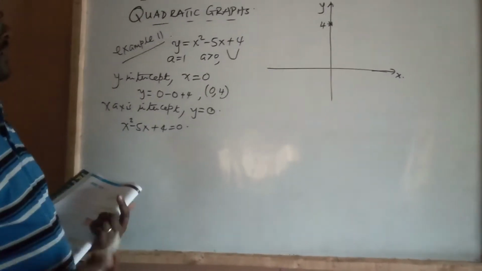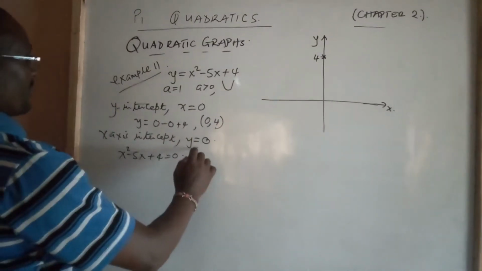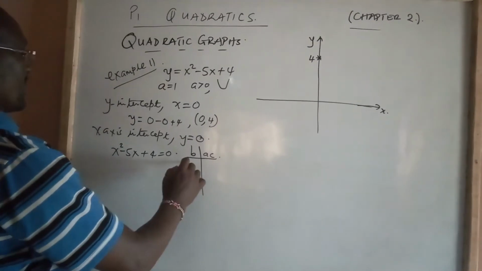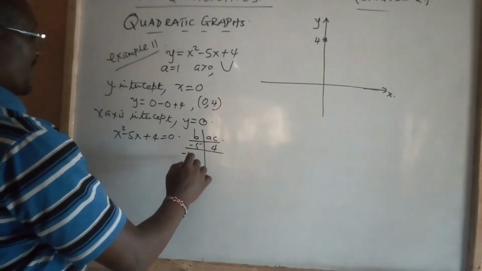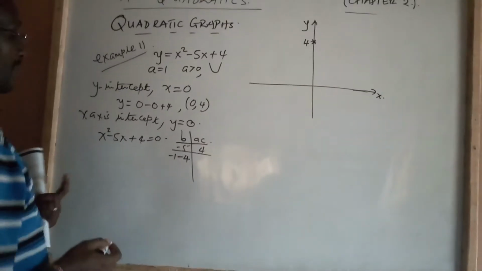So this just becomes a normal quadratic equation which can be solved using the BAC approach. Our b is minus 5, our ac is 4, so of course minus 1 and minus 4 are the two factors.